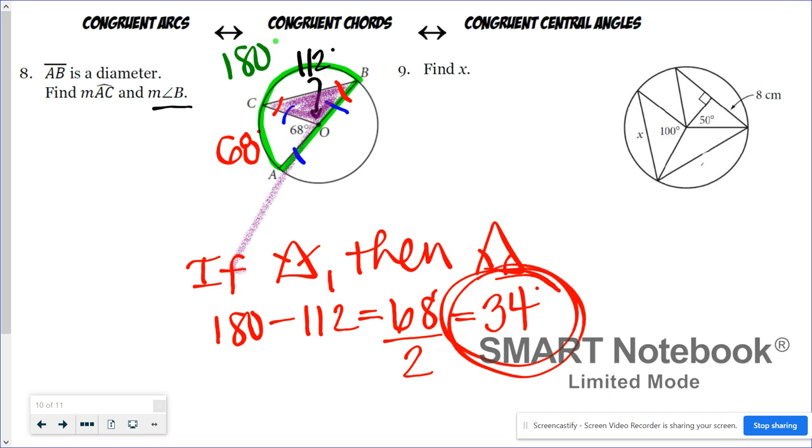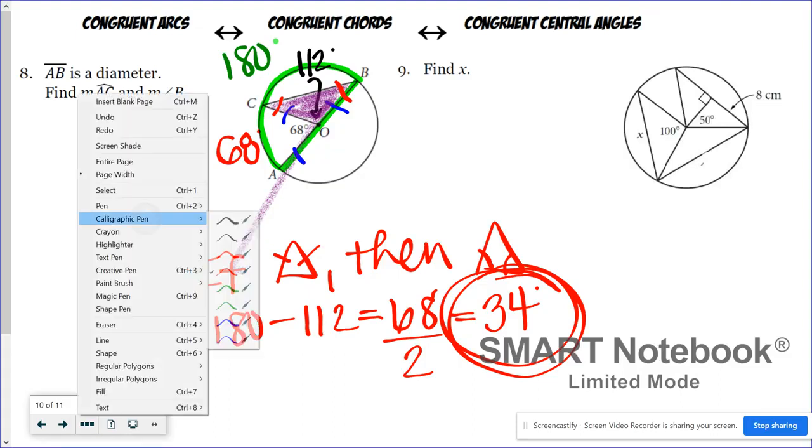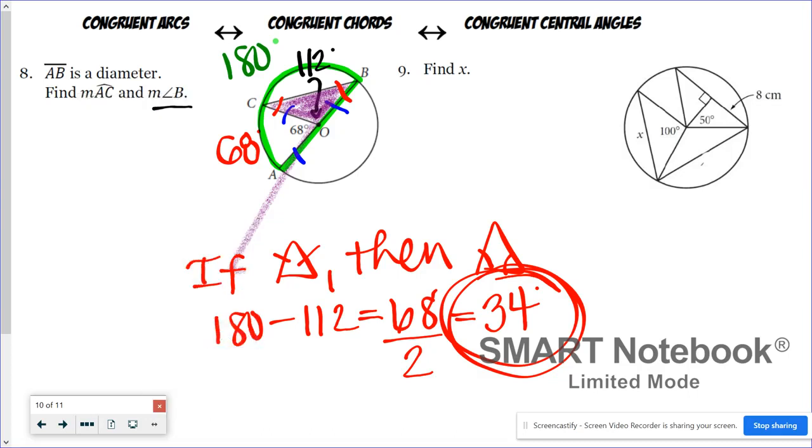Now, I don't ask this question here in the notes, but I want you to think about this question right now. We just determined that angle B is 34 degrees. Remember, the way this problem started is we basically knew that arc AC was 68.